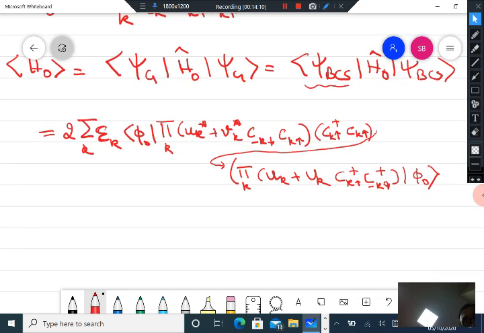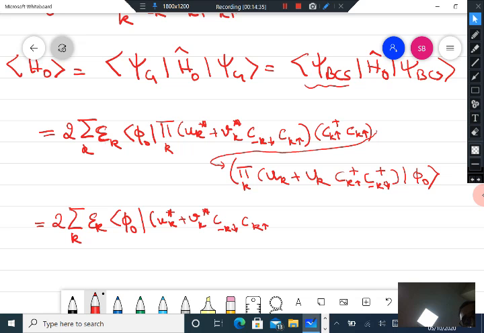So for that specific value of k, being a product, you can actually separate it out, Ek phi naught, you can separate out the specific k terms, and then for those which are not equal to that value of k, you can take the remaining product terms. So let me write that out: uk star plus vk star c minus k down, c plus k up, ck up.